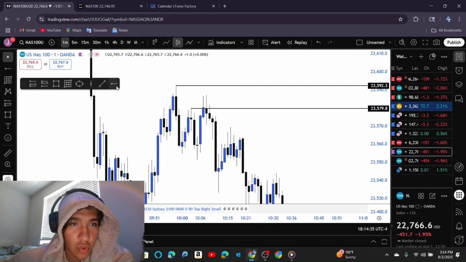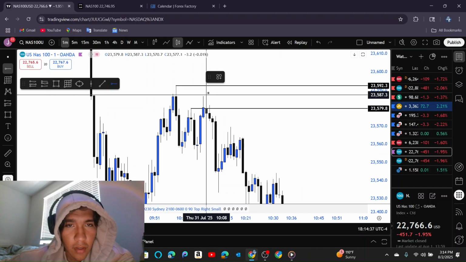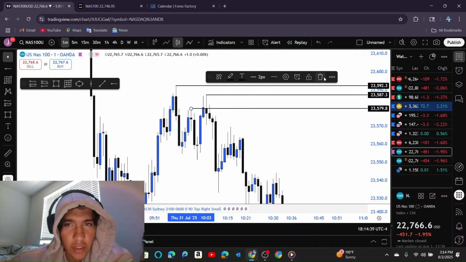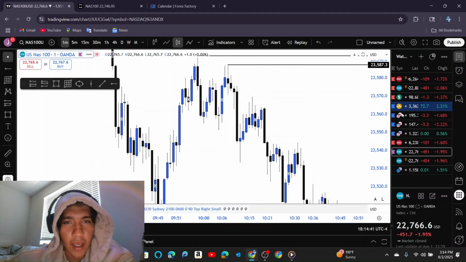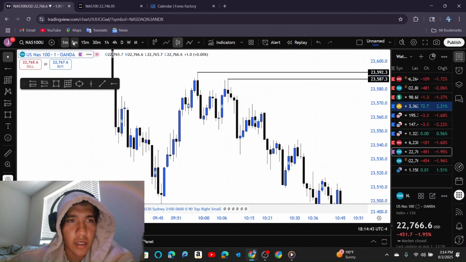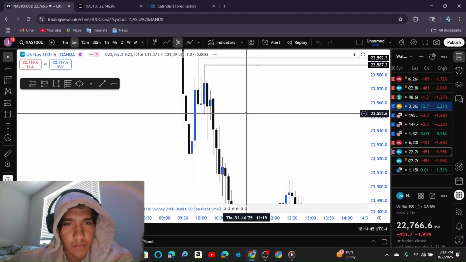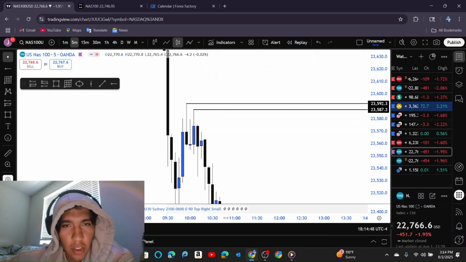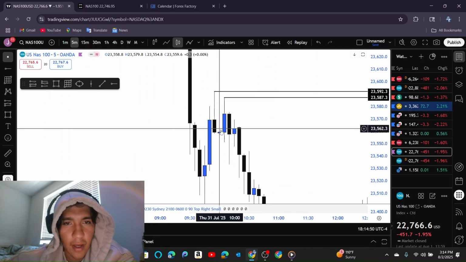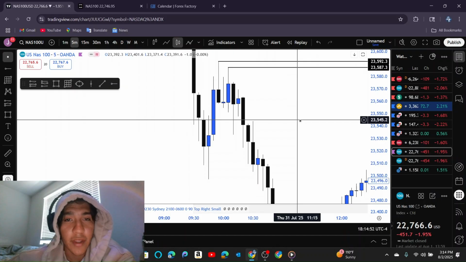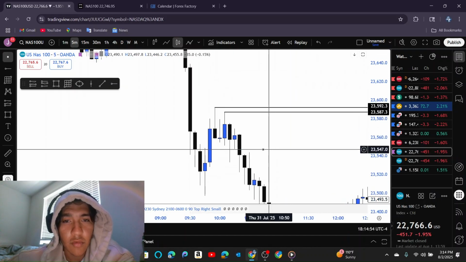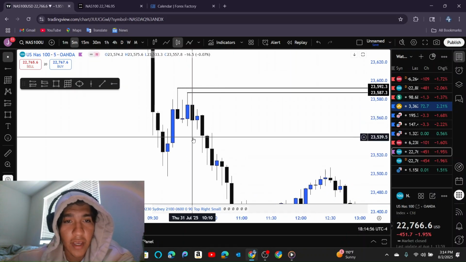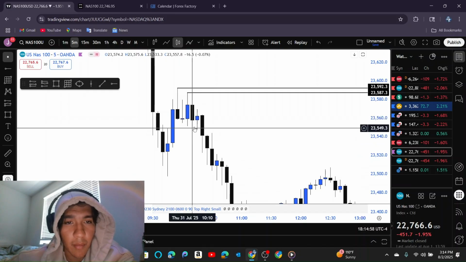Went back up to create another lower high because we just broke through this one. And that right there, ladies and gentlemen, we check the 5 minute. What happens? We just wanted to create a lower high in the 5 minute before we made this move down. Because we make this move down to sweep this out, and then we come back up, right?